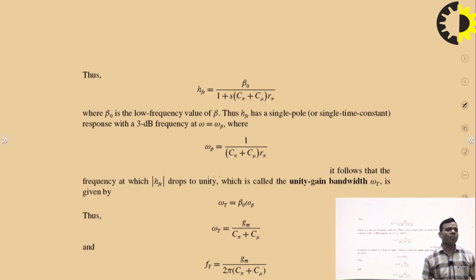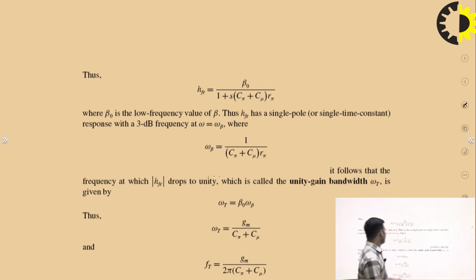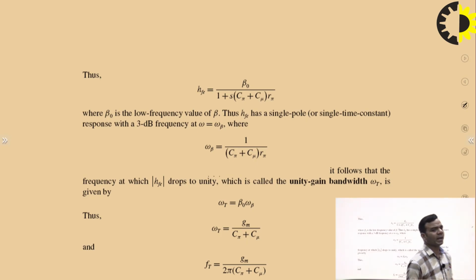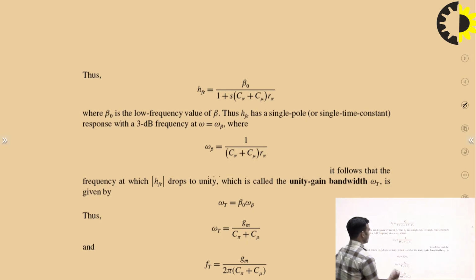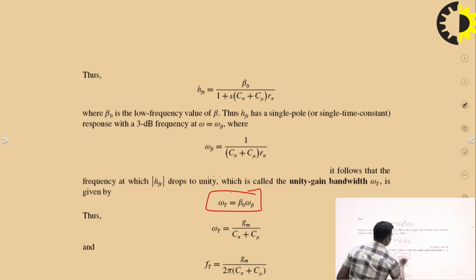So at omega equal to omega beta, we can write omega beta is equal to 1 upon R pi (C pi + C mu). It follows that the frequency at which hFE drops to unity, which is called the unity gain bandwidth omega T, will be given by omega T equal to beta naught into omega beta.